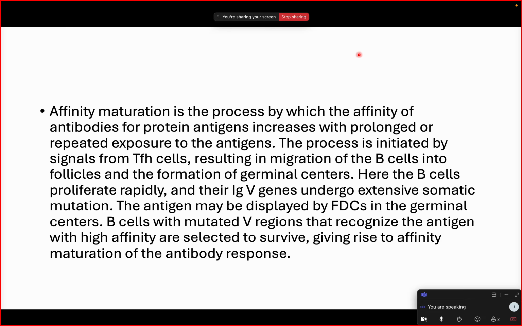Here, the B cells proliferate rapidly and their IgV genes undergo extensive somatic mutation. The antigen may be displayed by FDCs in the germinal center. FDCs are follicular dendritic cells. Okay. B cells with mutated V regions that recognize the antigen with high affinity are selected to survive, giving rise to affinity maturation of the antibody response.